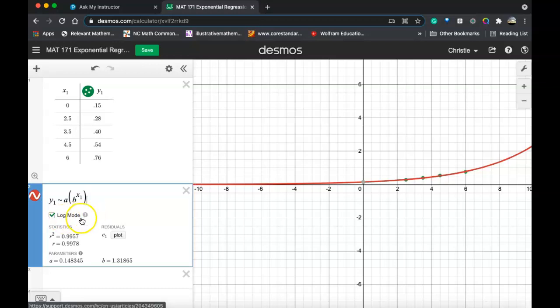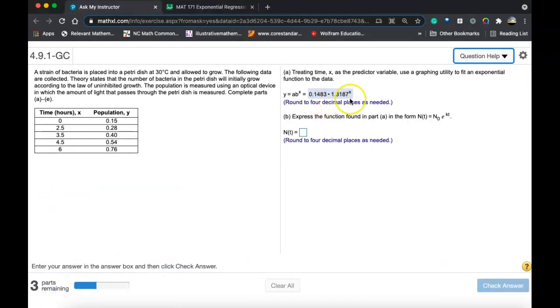Desmos does not, but MyMathLab is expecting you to. So long story short, click log mode. This gives you the parameters a and b. You'll come back to the screen and type those in that form, a times b raised to the x. And you can see I've typed that in here.